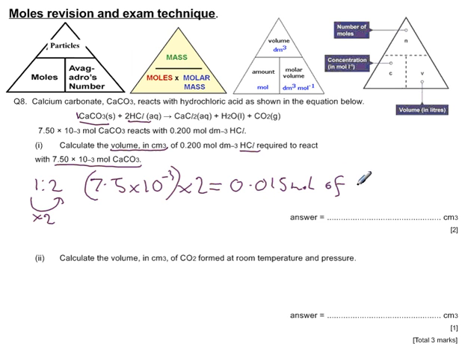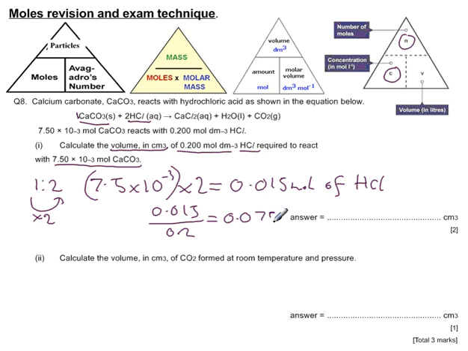Okay. Now to work out the volume, what have we got? For the hydrochloric acid, we've got the concentration. So we've got the concentration, we've got the number of moles. So now we can work out the volume. So that is the number of moles, which is 0.015, divided by the concentration, which is 0.2, which is equal to 0.075.